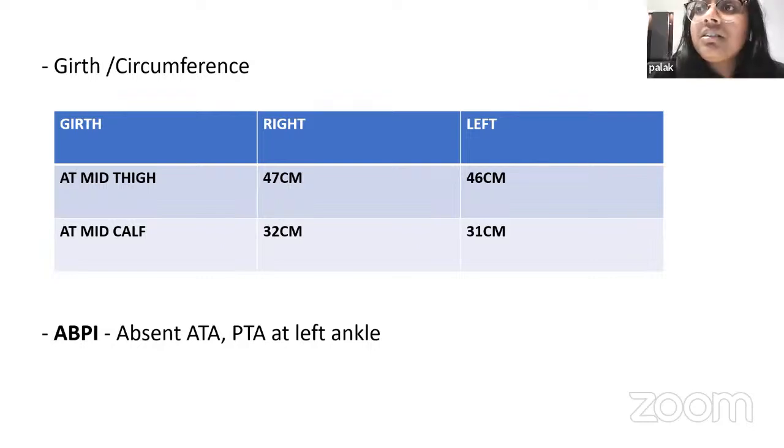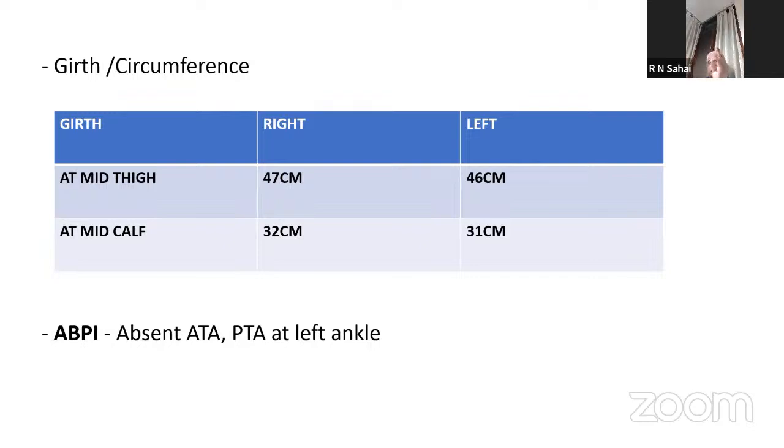B mode tells you, you just compartmentalize: outside the vessel, within the wall, within the lumen.